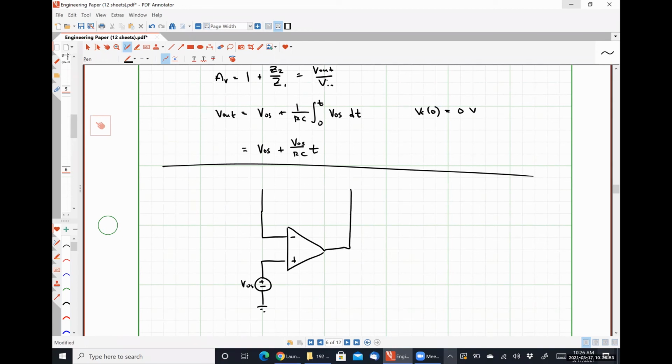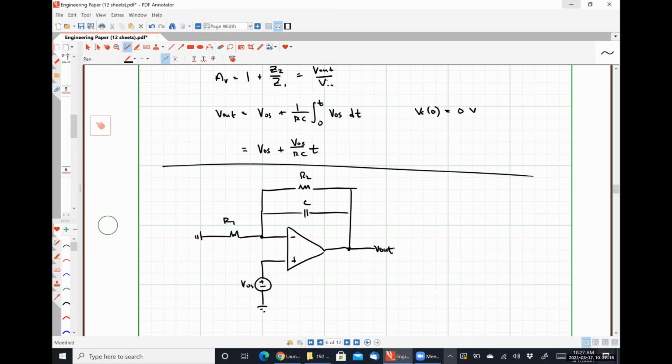So here we have our capacitor just where it was. Here we're going to have some resistance R2. Here is our resistance R1. Here is our output voltage, Vout.